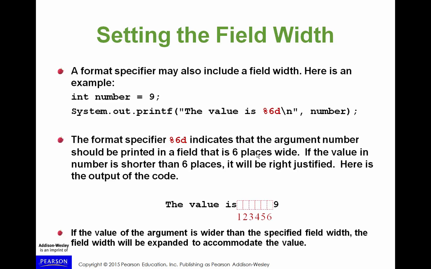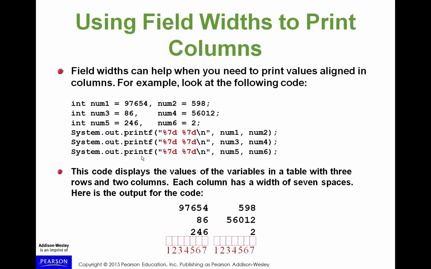We can adjust, and we can actually see that this is the way it works, because if we look here, we see a slightly more complicated example where we're now leaving 7 spaces for each number that's placed into the output for the console. And we actually start to see now why this can be a useful thing. Why would we want a set number of spaces?